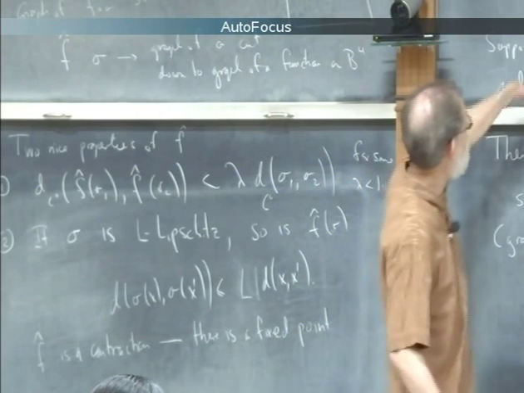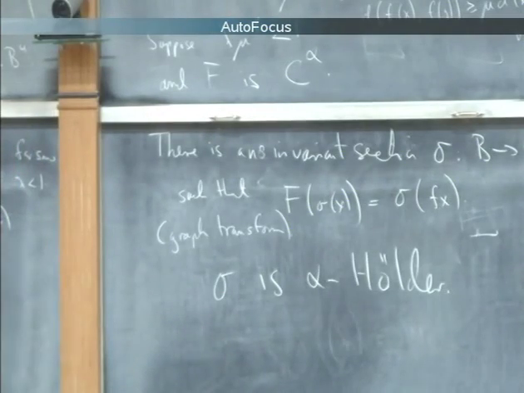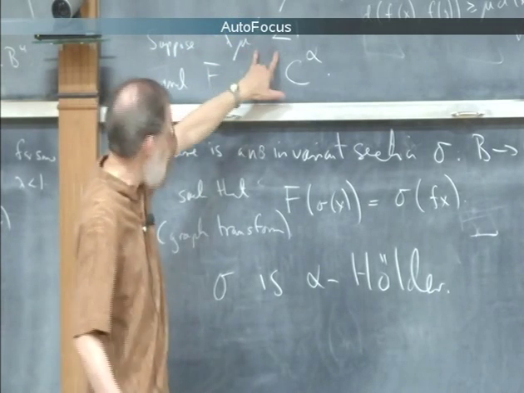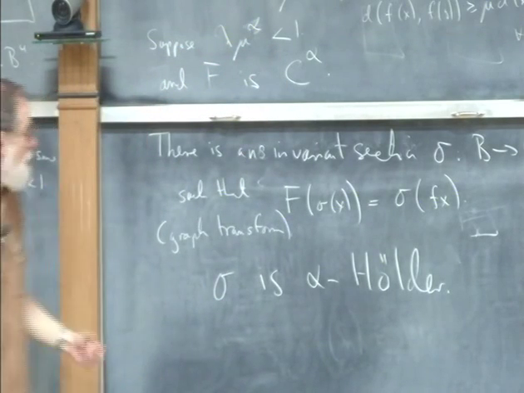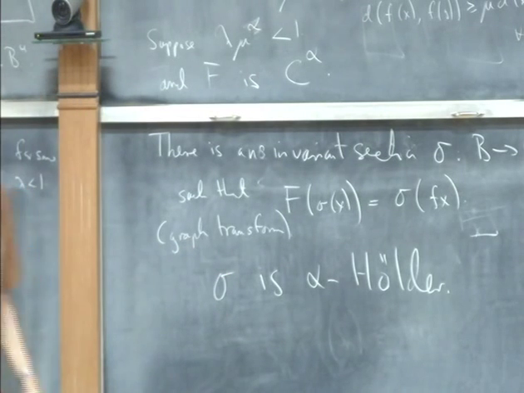There are a number of cases that have been worked out where it's clear that typically what you get from this theorem is the best that you can hope to do in terms of smoothness of the invariant section.